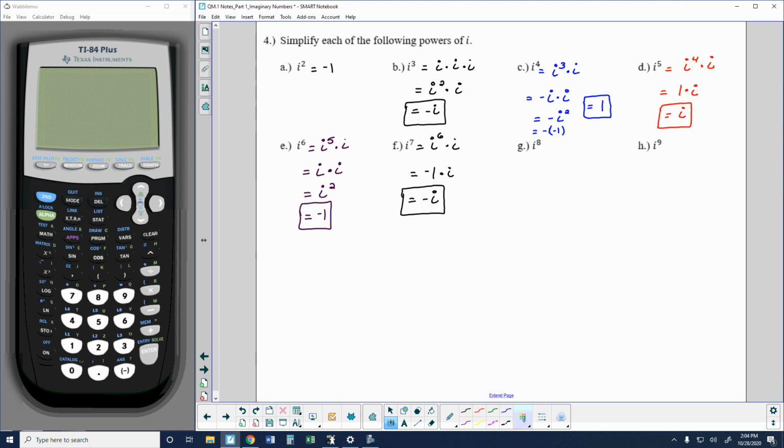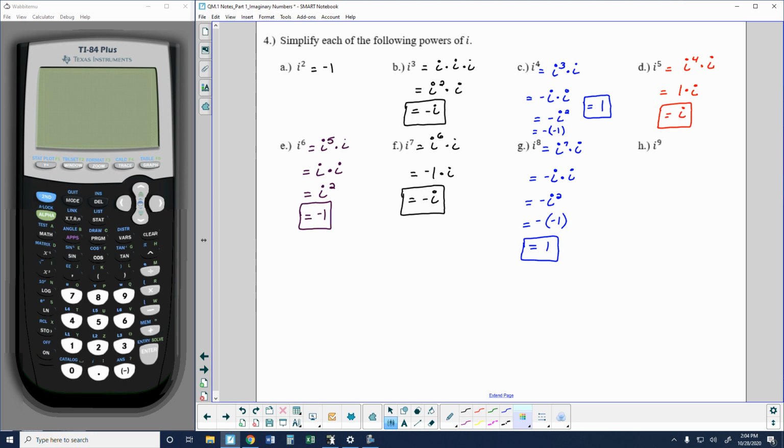You may see the pattern starting to arise already. i to the eighth is the same as i to the seventh times i. i to the seventh, we just found out, was -i. So this would be -i times i, which is -i squared. And i squared is -1. So this is a -1, which is a +1.